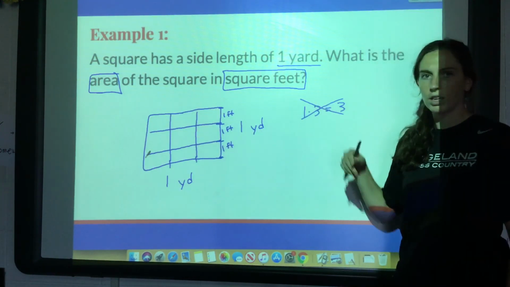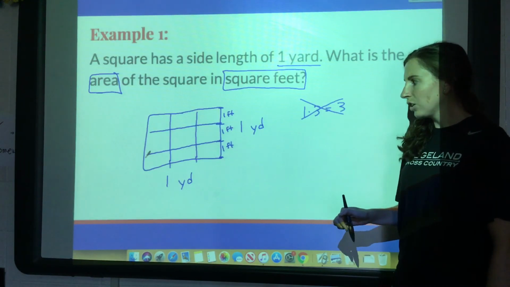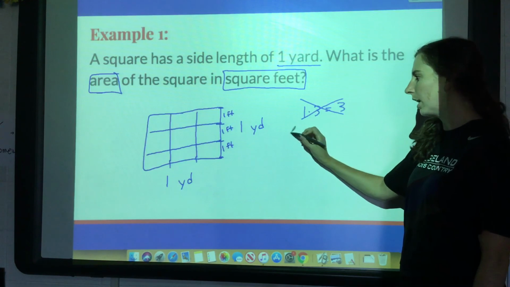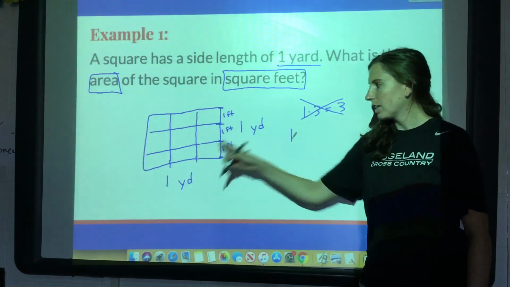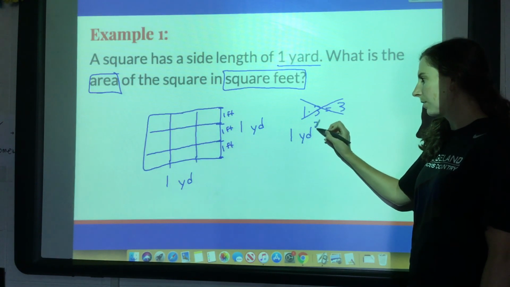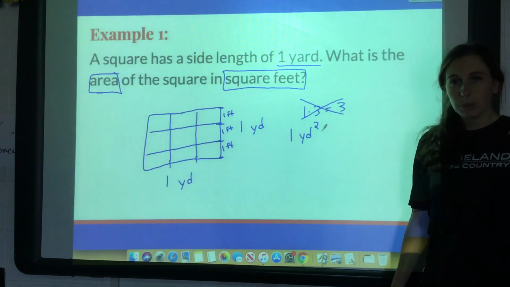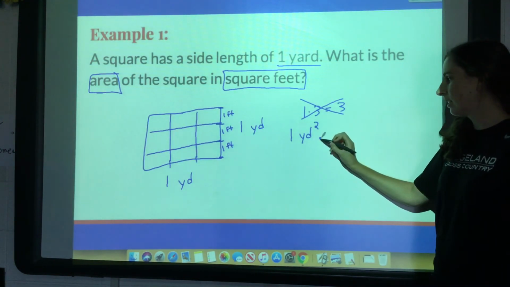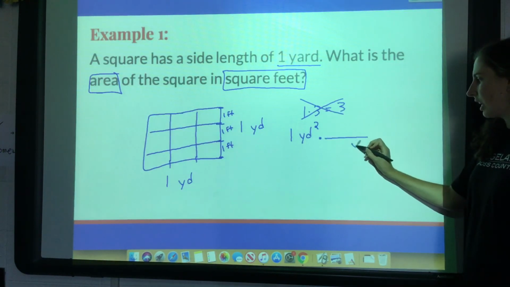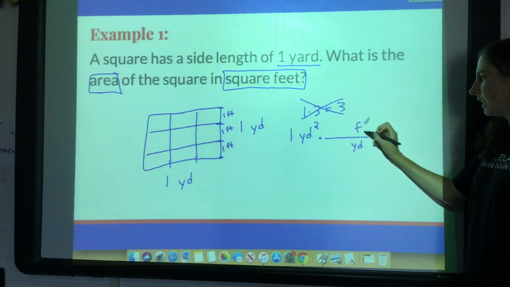So what went wrong here? What actually happened is we did 1 times 1 and got 1, but we actually have yard times yard, which is yards squared. So when we convert that, what I want to do is change yards to feet.